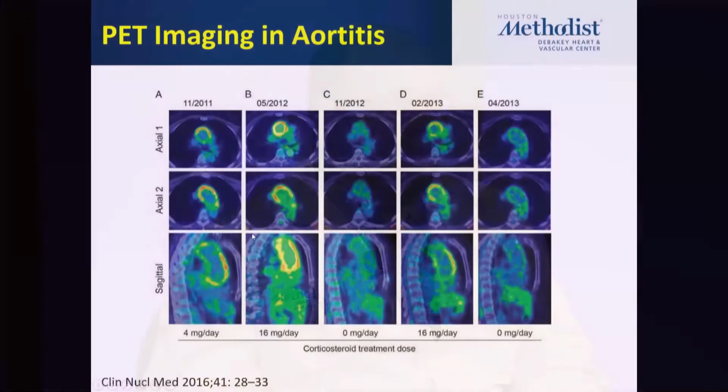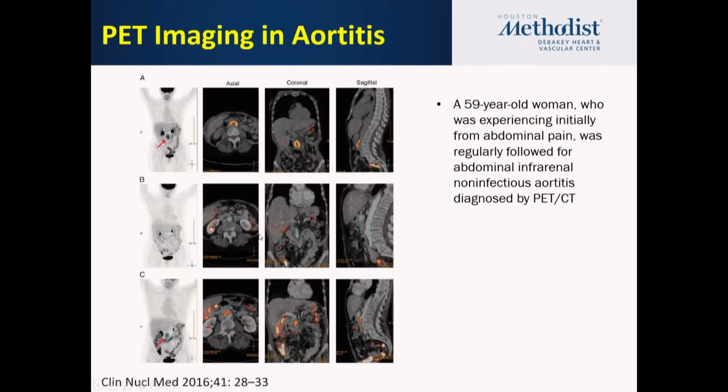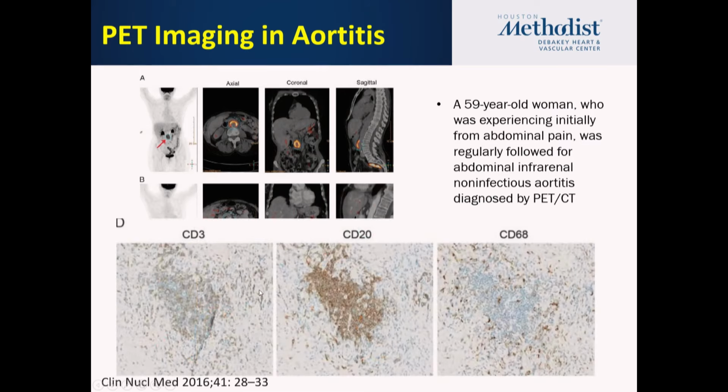Now, we have potentially other areas, so this is not only in the ascending aorta, but it can also be seen in the descending aorta, and this is another report which clearly shows the correlation with the different inflammatory cells that they could see from biopsy in these patients, and this is aortitis in the descending aorta for this patient.